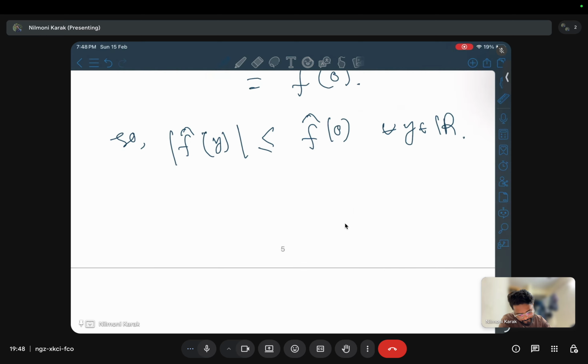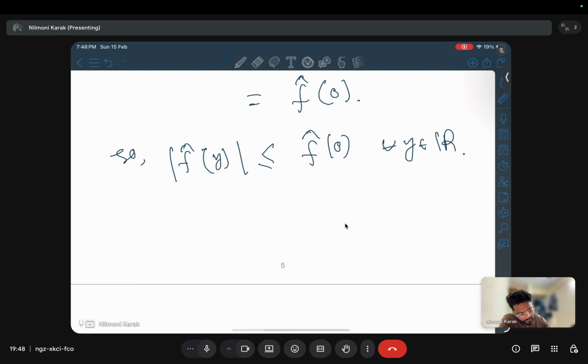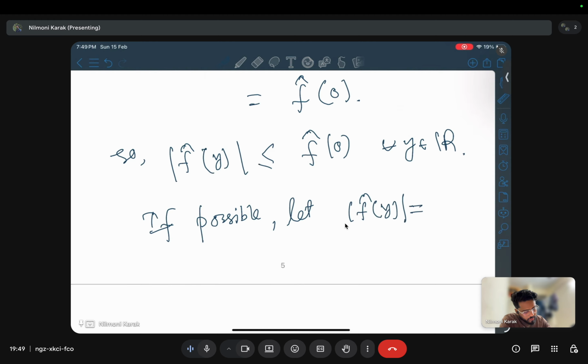Okay. So if possible, let f hat of y be exactly equal to f hat at 0 for y not equal to 0.